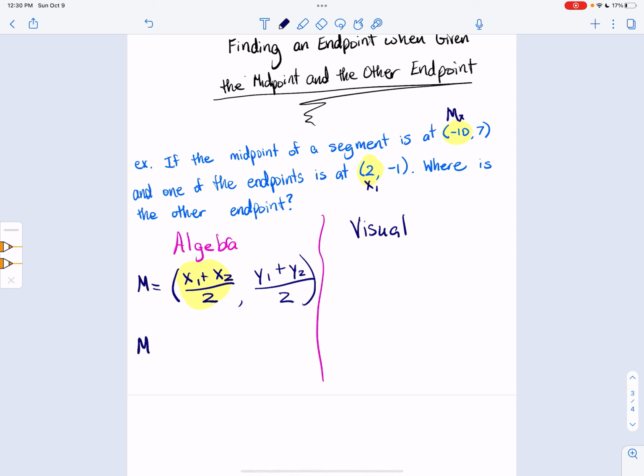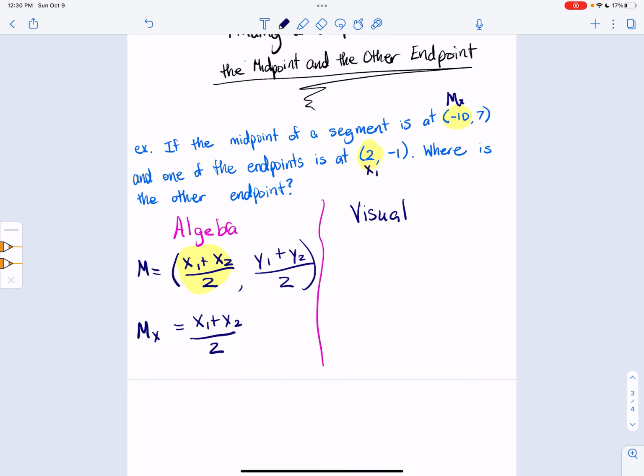So the midpoint of x is equal to x1 plus x2 over 2. And that's just coming from right here. I didn't change anything, I'm just focusing on the x's. Now the midpoint of x we actually do know, it's negative 10. So I have negative 10 is equal to x1, which we also know, it's 2, so 2 plus x2, which we don't know, over 2.